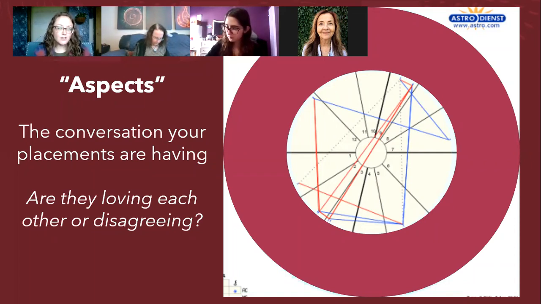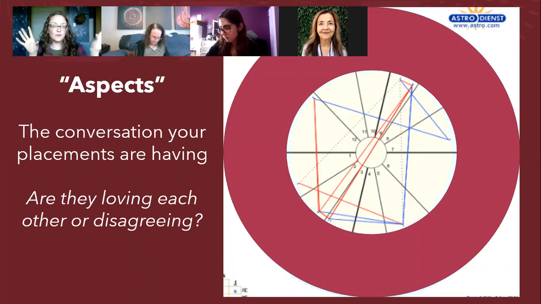Sometimes your placements are sitting harmoniously with each other, and sometimes they are really butting heads and disagreeing on what's the right way to do something. Think about playing that out: you have this side of yourself that says, I want to go this way, and this side of yourself that says, I want to go that way. Which way do you go? That can be really, really maddening.